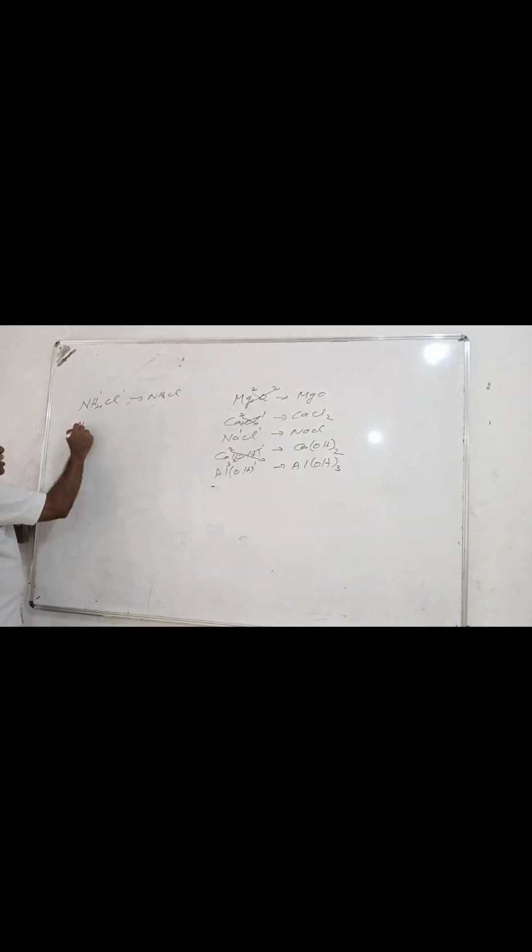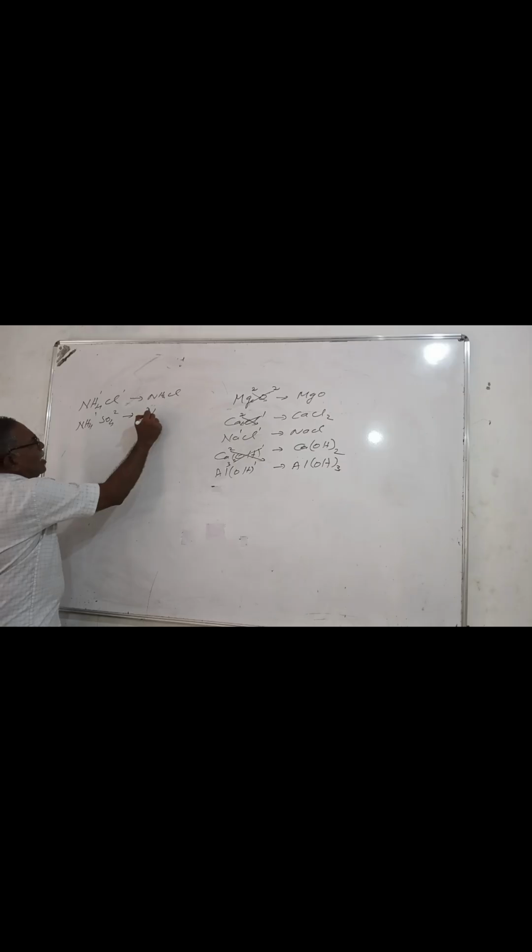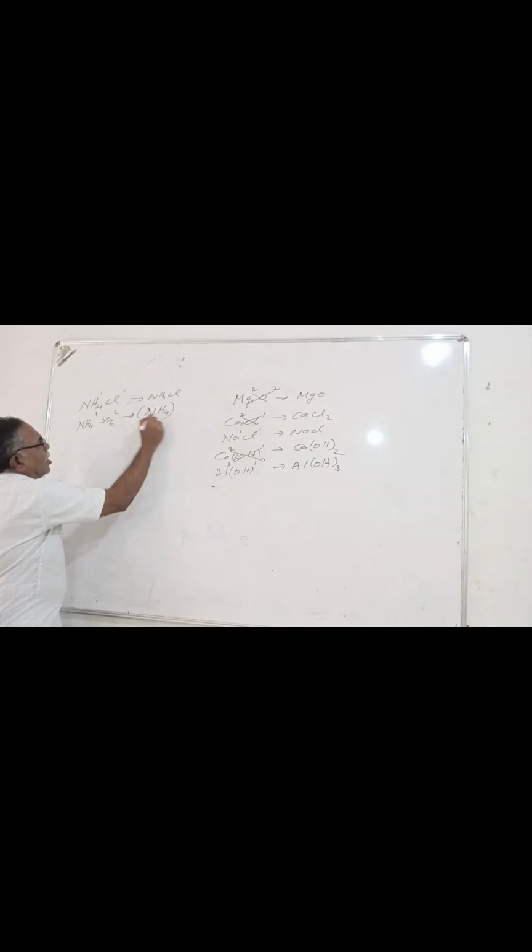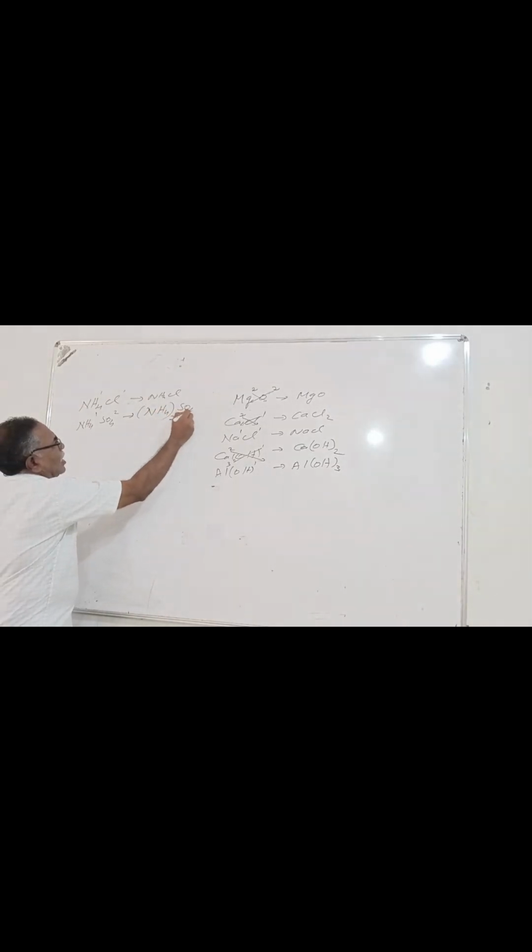Ammonium sulfate: the valency of sulfate is 2, and the ammonium group's is 1. So we can write the formula (NH4)2SO4, ammonium sulfate.